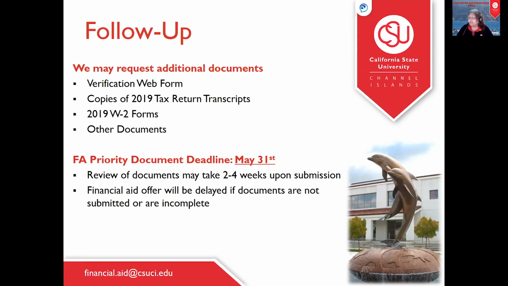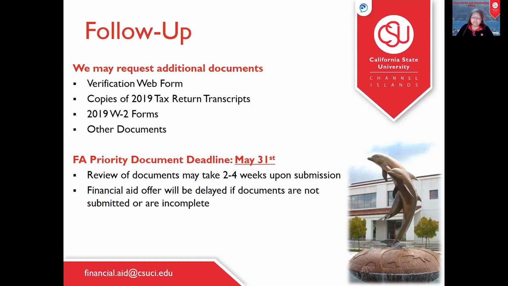And I always encourage students, if you're not selected for verification at this point, you may want to have your tax return transcripts handy, just in case you make corrections and you're selected for verification at a later time. So very important to have those documents handy in case we need them.